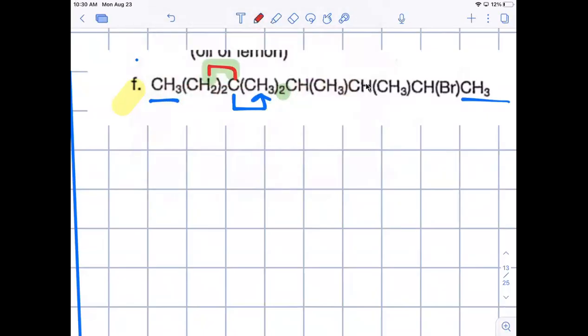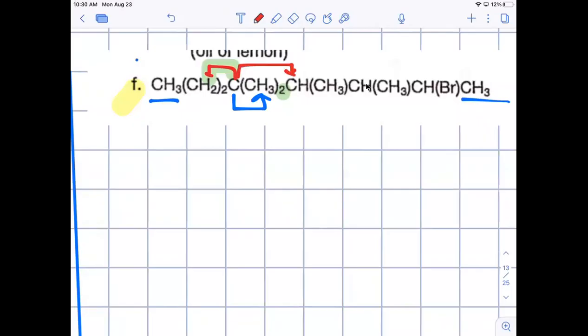It'll be bonded here. All right, we'll flush it out when we get into the line form.